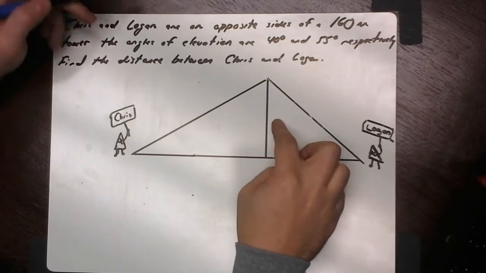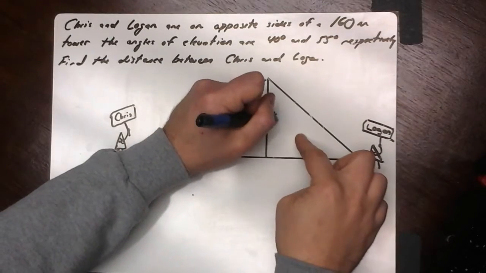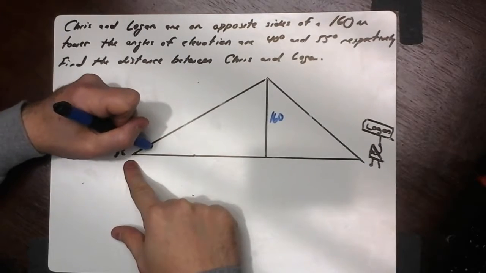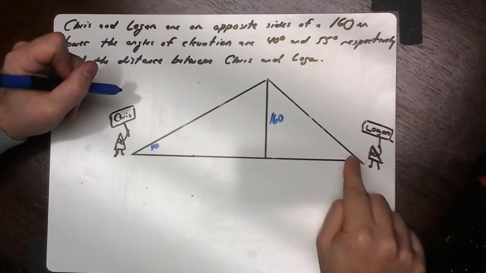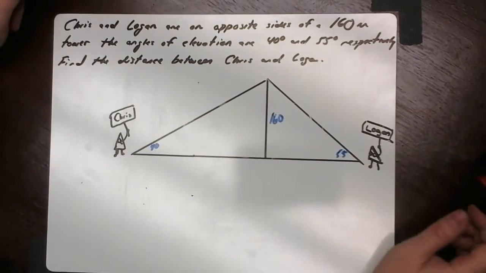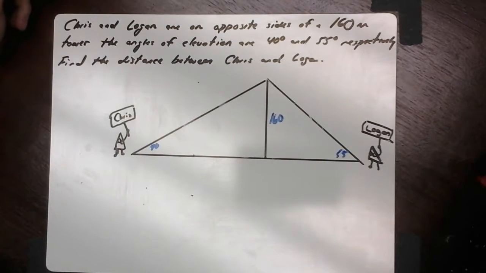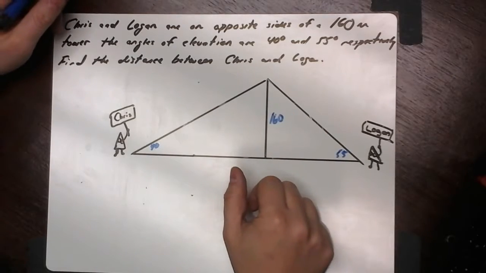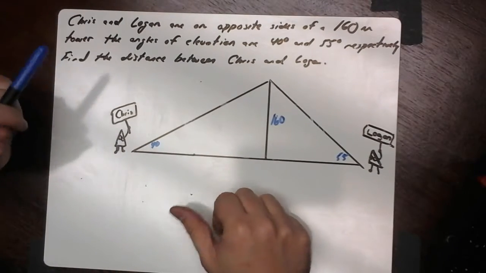Well, 160 meters is the tower. Chris is at 40 degrees, and Logan's at 55. That's just reading the problem when it said respectively. I'm going to tell you the truth in the end. It really doesn't matter where you put that angle, and you're going to see that.